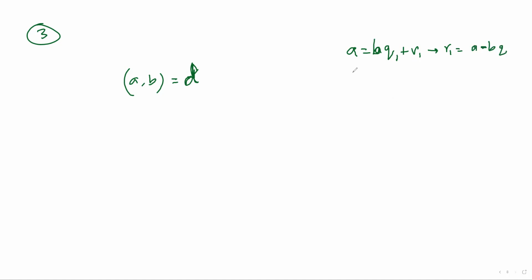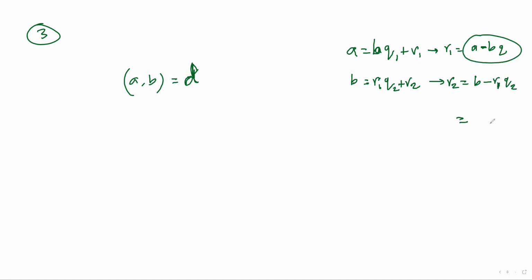Similarly, we have the second equation, B equals, dividing by R1 to get a quotient Q2 and the remainder R2. From here, make R2 the subject to get B minus R1 Q2.